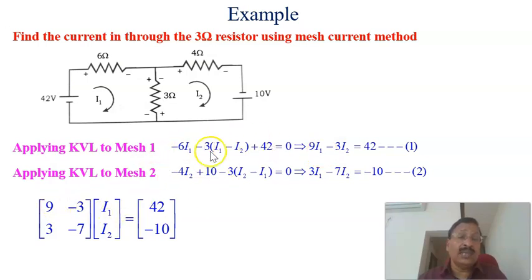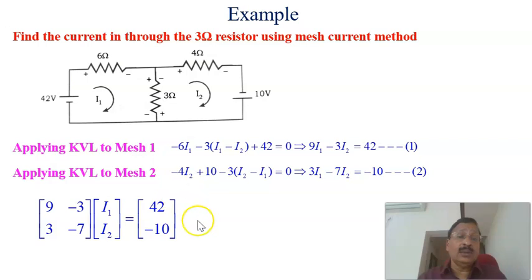The coefficient matrix is given by 9 minus 3, 3 minus 7. That multiplies the column matrix of the mesh currents I1 and I2, and that is equal to the voltage column matrix, 42 and minus 10.